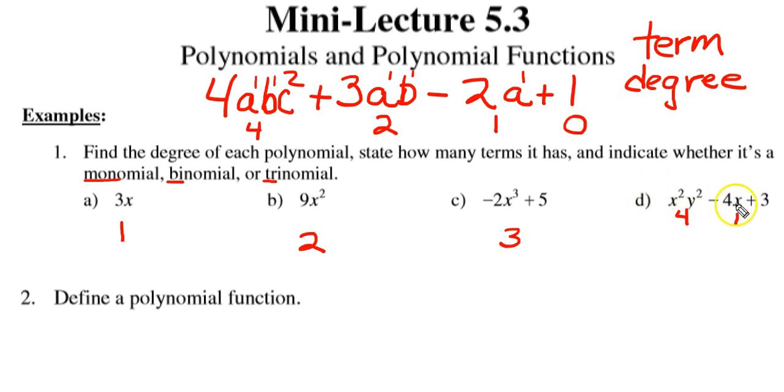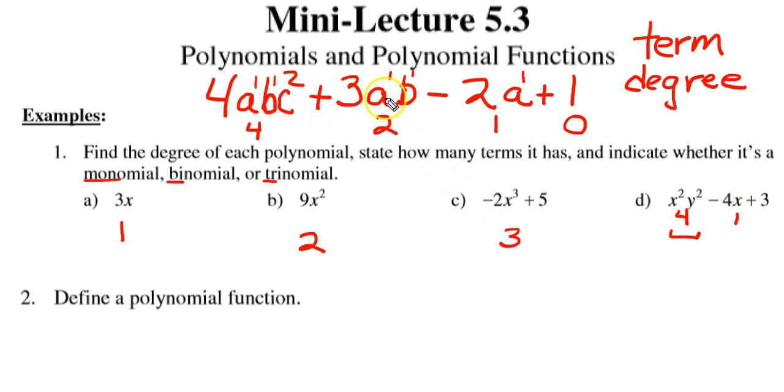And for something like this, where you have a polynomial that has 3 terms, you pick the term that has the largest degree. So the degree of this one would be just the 4. You don't add the different terms together.